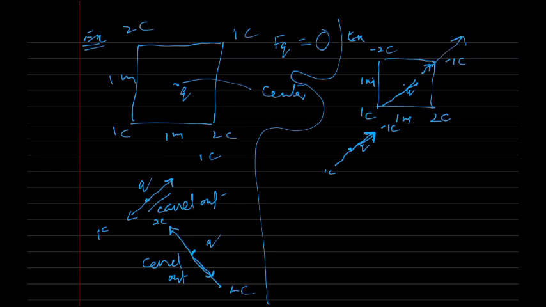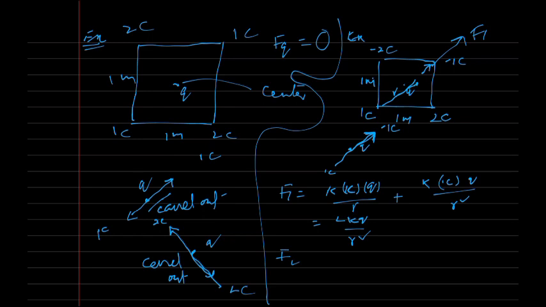So F1, let's say, is equal to K 1C Q by, let's say this distance R, square, plus K magnitude 1C and Q by R square again. Now what is the result? That is 2KQ by R square. Similarly for the minus 2 charge also, F2.